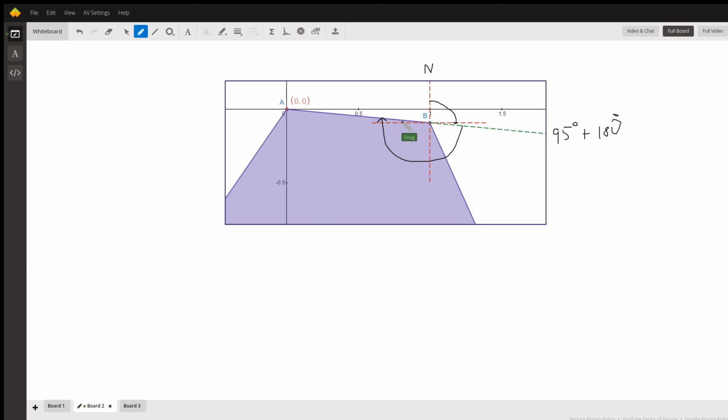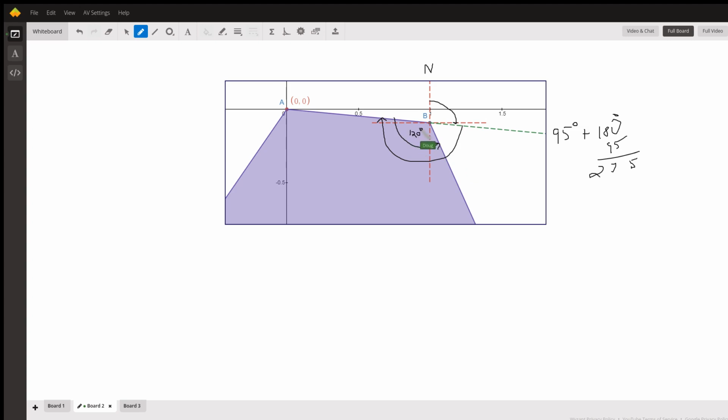And now if I subtract 120 degrees from whatever number that is, which is 275, that'll take me back to here.